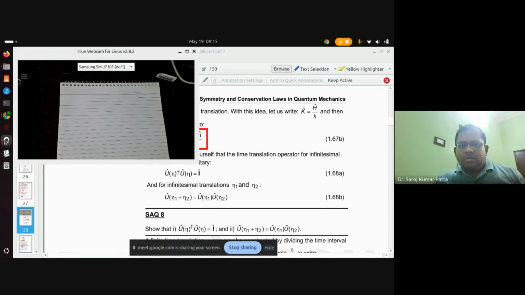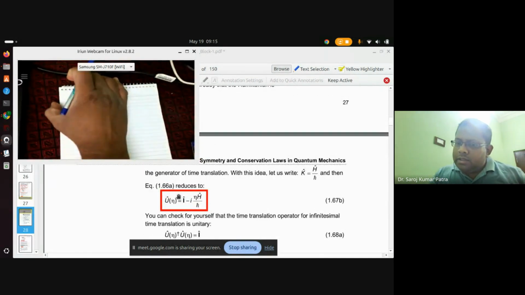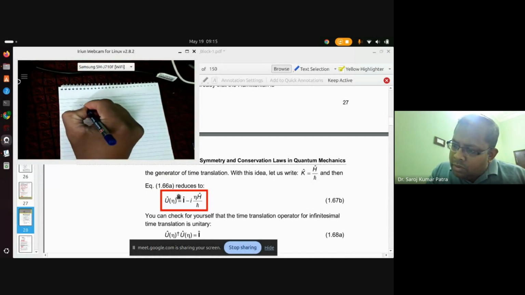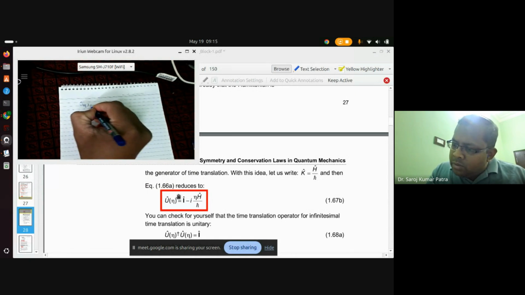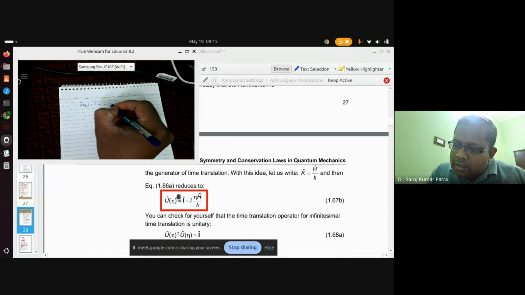So what is given is u cap eta is equal to I cap minus I eta h cap by h cross.